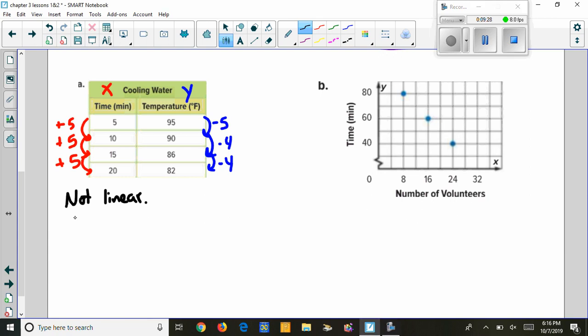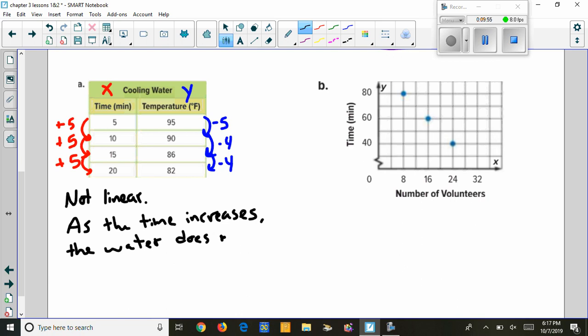That reason is as the time increases, the water does not cool since the temperature is going lower, at a constant rate.